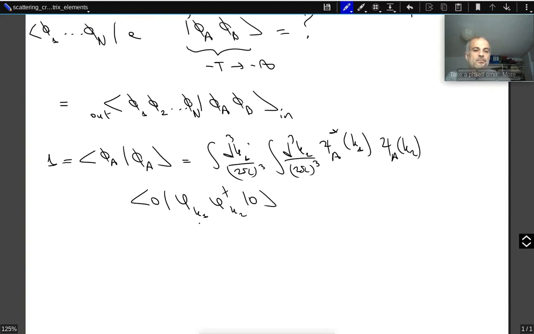Now to calculate this matrix element, we can just write, let me write it explicitly.